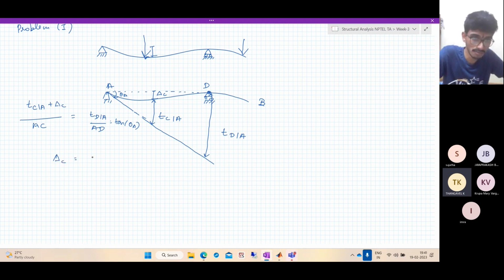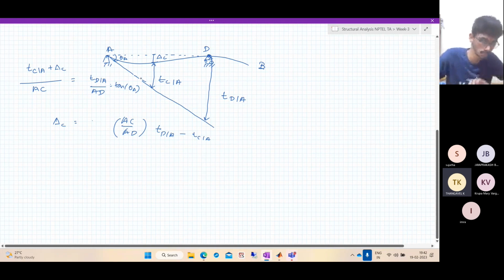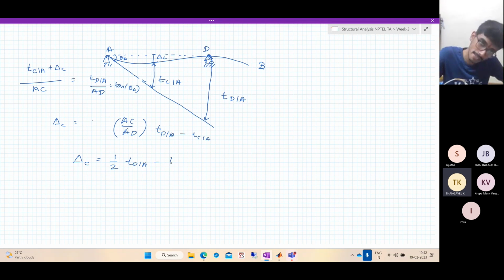We get delta C is equal to AC by AD times TD with respect to A minus TC with respect to A. And what is AC by AD? In this case it's half. So delta C is half of TD with respect to A minus TC with respect to A. Same as the first problem.